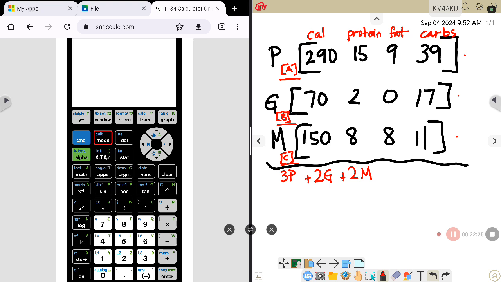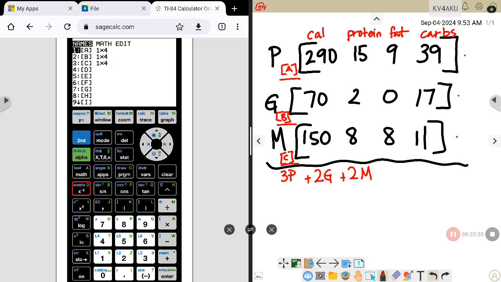So I'm going to go to second. Oh, hang on. Not second yet. So 3, because I'm going to do 3 times that. So 3. Then second matrix, I want to use that pizza matrix, which is in matrix A. So there's 3 times the pizza matrix plus 2, and then second matrix.